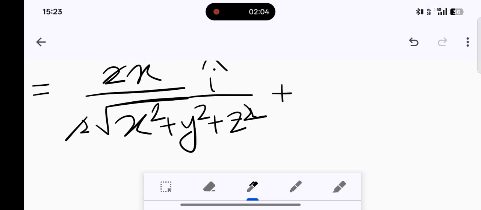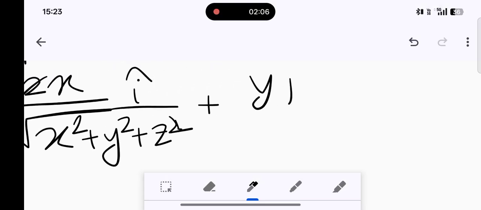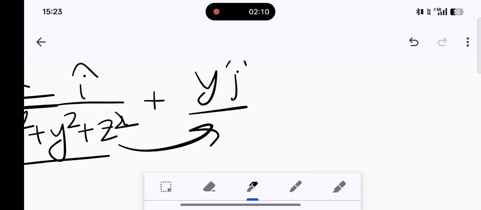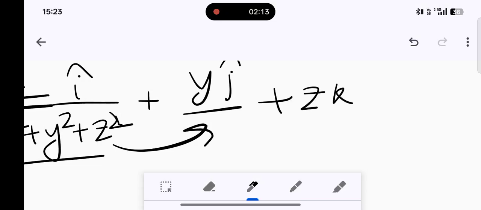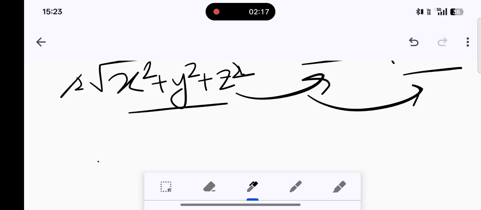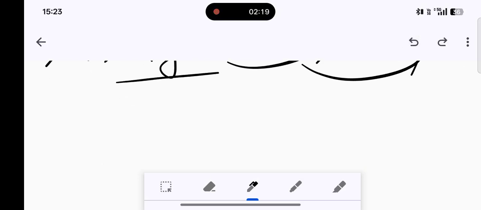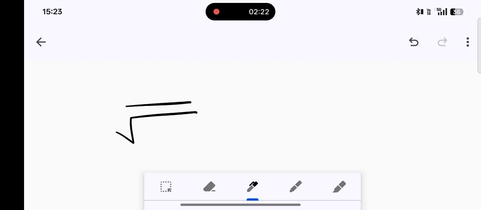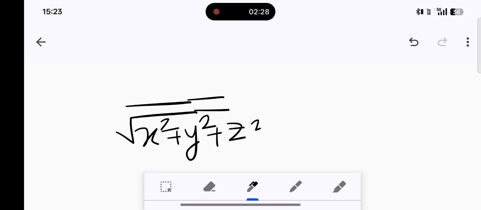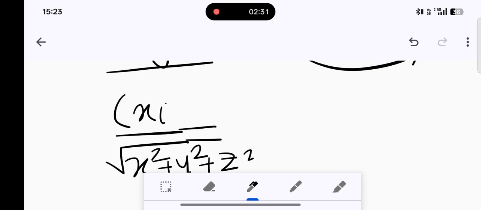You will see something like x î plus y ĵ divided by this same quantity plus z k̂ divided by this same quantity. So we can take it common, and we can say this is nothing but 1 over root of x square plus y square plus z square, times x î plus y ĵ plus z k̂, right?